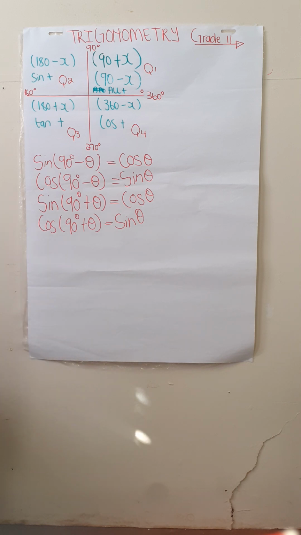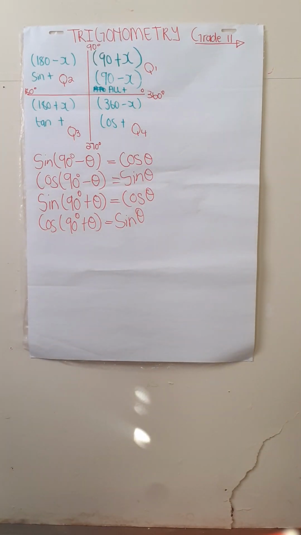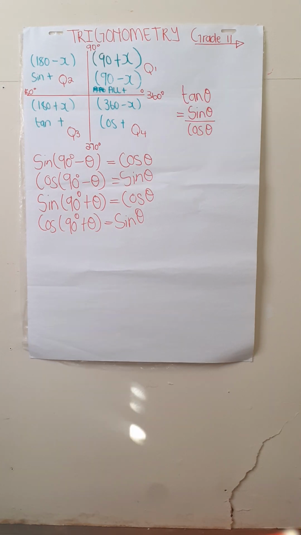And another thing that you can know, which is very easy, is that you can write tan theta as sine theta over cos theta. We use that a lot where we do identities, or when you are trying to reduce expressions.